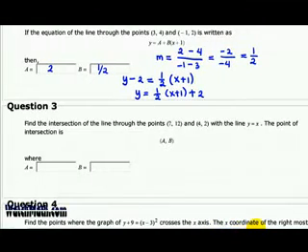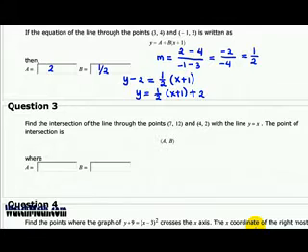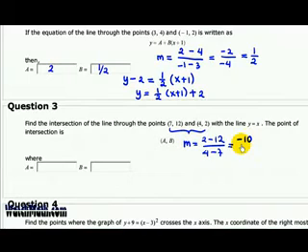Okay, question number 3. We want to find the intersection of the line through the given 2 points and the line y equals x. First, as we did before, we find the equation of the line passing through these 2 points. First find the slope, change in y, 2 minus 12 over 4 minus 7. If we simplify, we have -10 over -3, which is equal to 10 over 3.